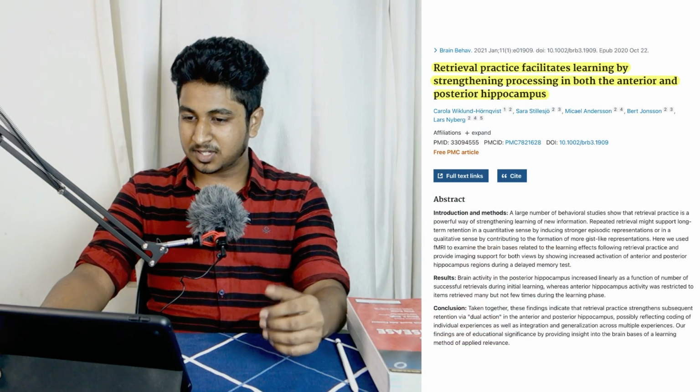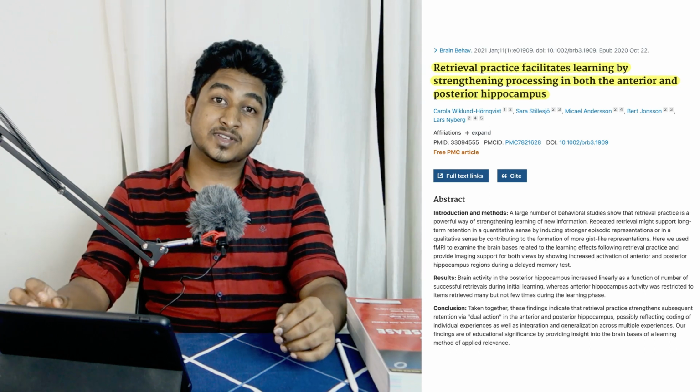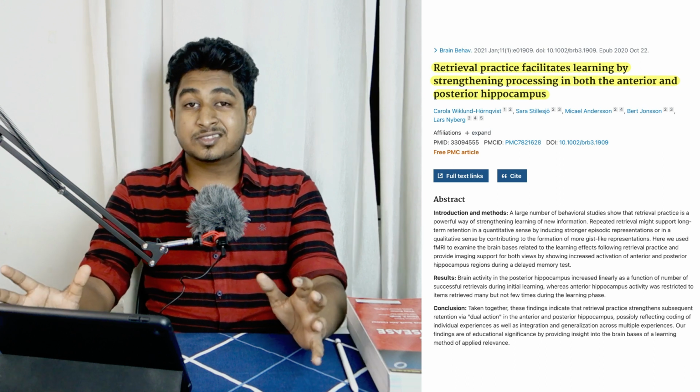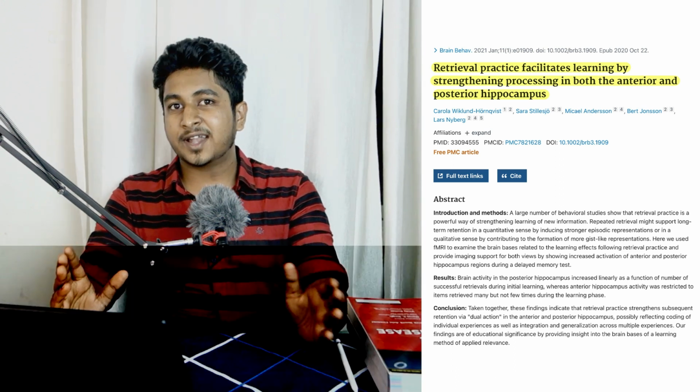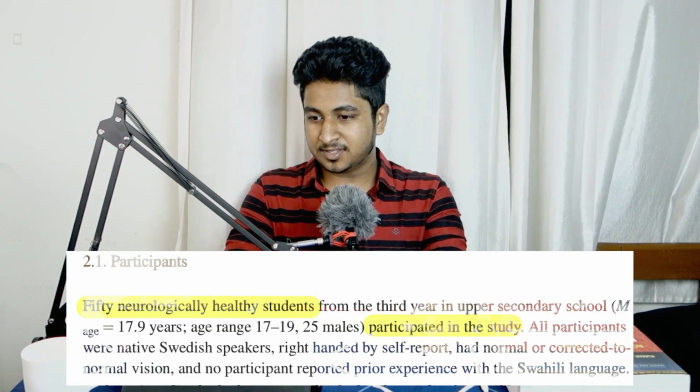This was also proven by a research article published in 2020, which showed that retrieval practice facilitates learning by strengthening the processing of information in anterior and posterior hippocampal regions of the brain. The study included about 50 neurologically healthy students, and one group studied by the traditional method of revisiting the book, that is rereading, and the other group studied by retrieval practice.